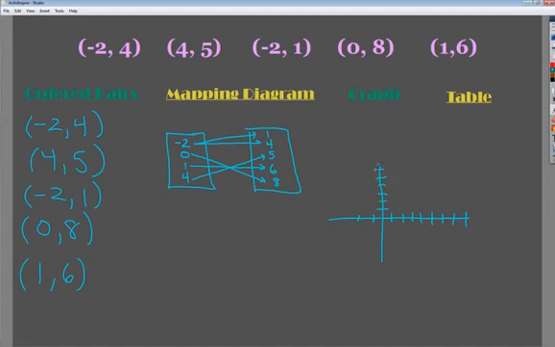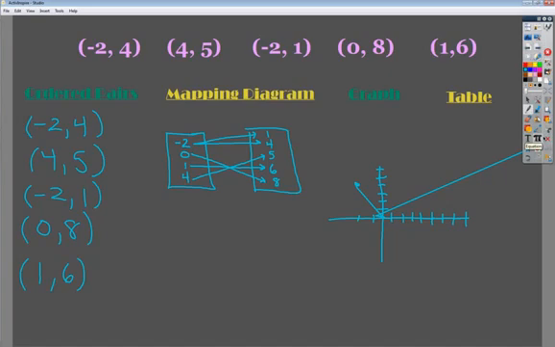So my first point is negative 2 and 4. Then I have 4 and 5 is here. Negative 2 and 1. 0 and 8. And 1 and 6. My pen's ghosting. Sorry about that. Sometimes it has this weird thing where it ghosts like this, and there's not much you can do to stop it.